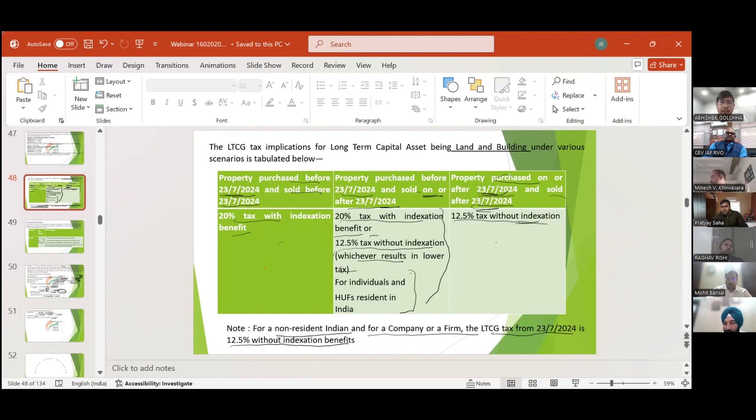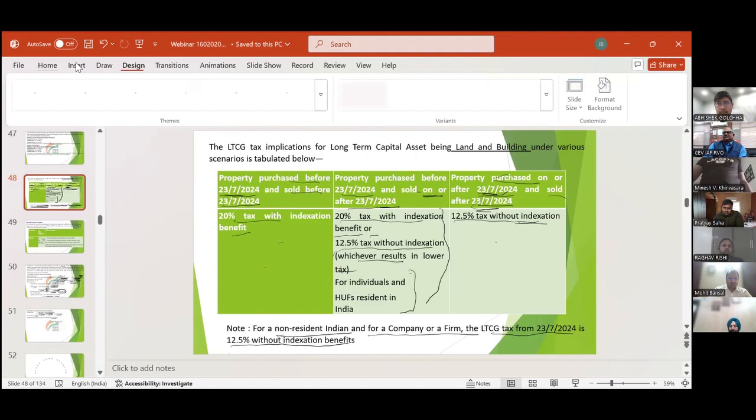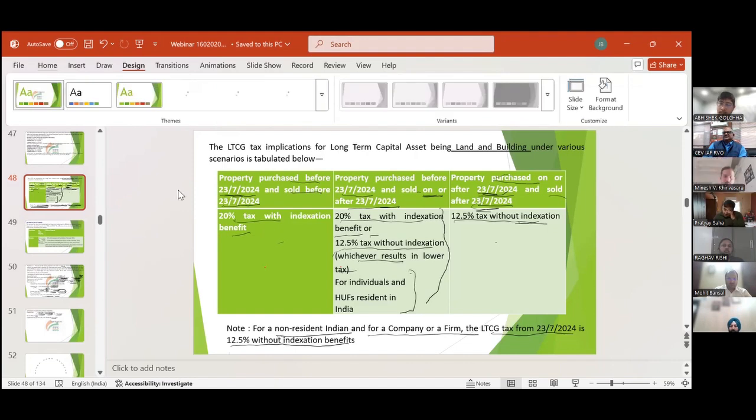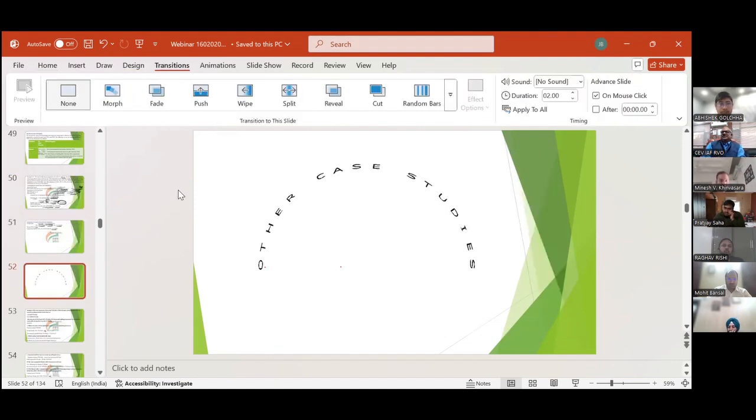And if he has actually mentioned the actual rate in the sale deed, then of course he will get the benefit. So this is why it is done. This is just to reduce black money in real estate, or in other words, parallel economy, which was a part of economics, an essential subject in your examination.